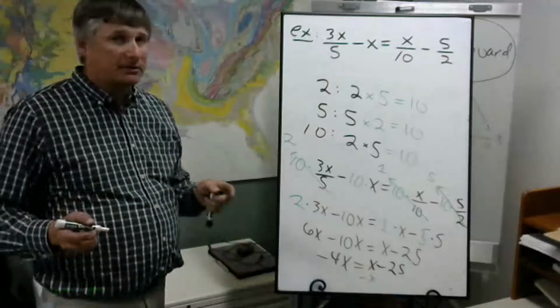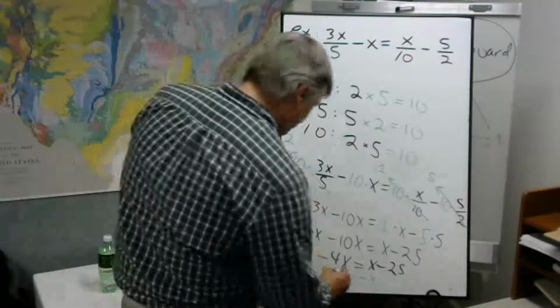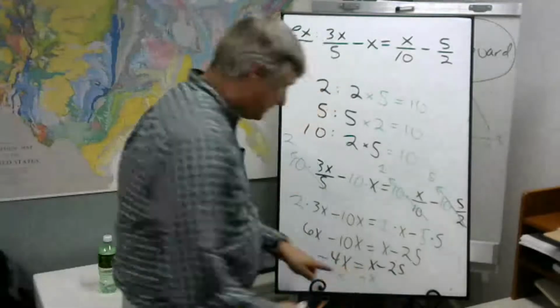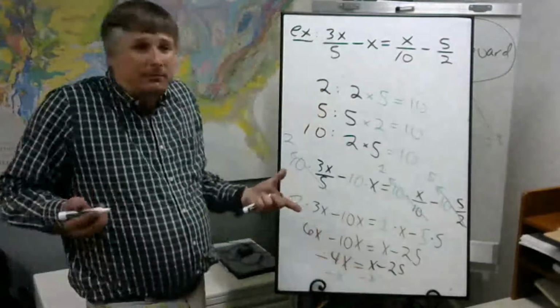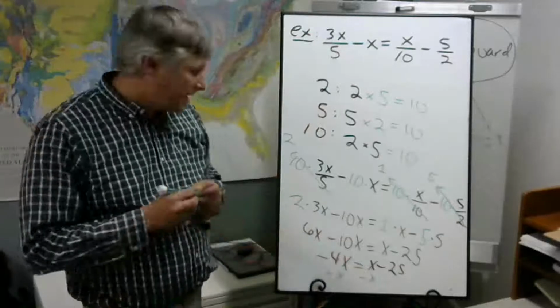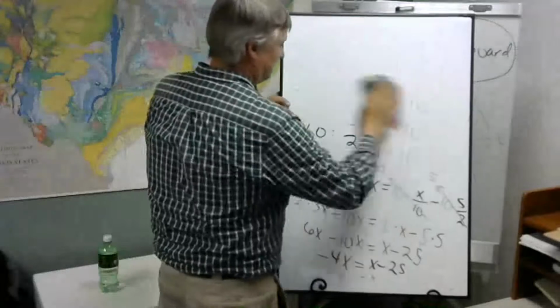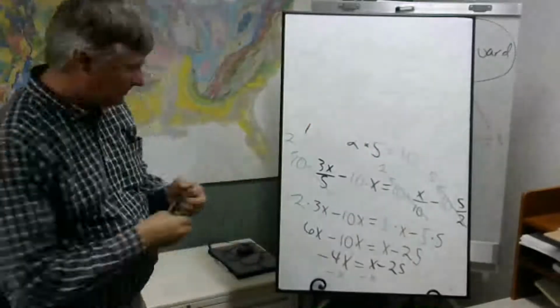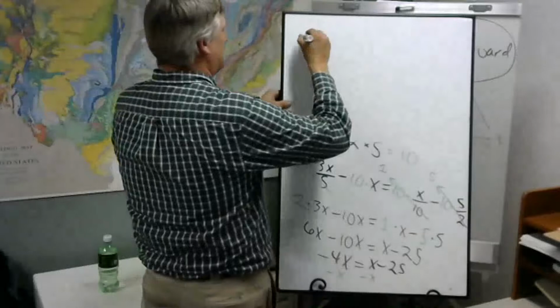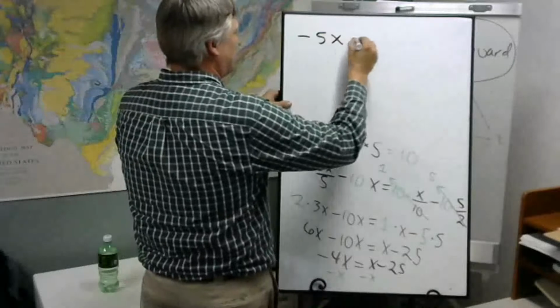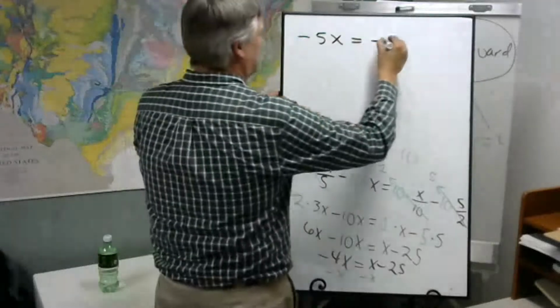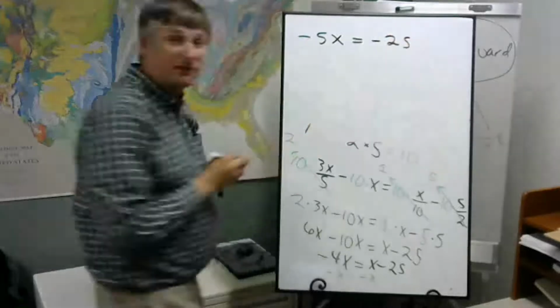But what you do to one side, you've got to do to the other. Canceling this x makes it go away. We only want x to appear on one side. So minus 5x equals minus 25.